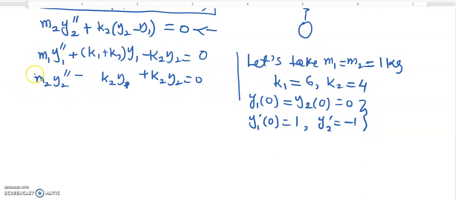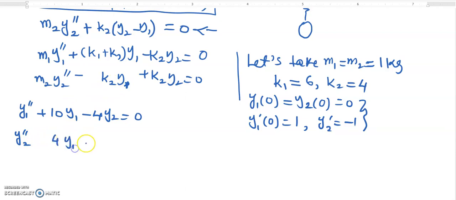Now input these values into the equations. Since m1 and m2 are 1, we have y1 double prime plus, since k1 plus k2 is 10, 10 y1 minus 4 y2 is equal to 0, and then y2 double prime minus 4 y1 plus 4 y2 is equal to 0.